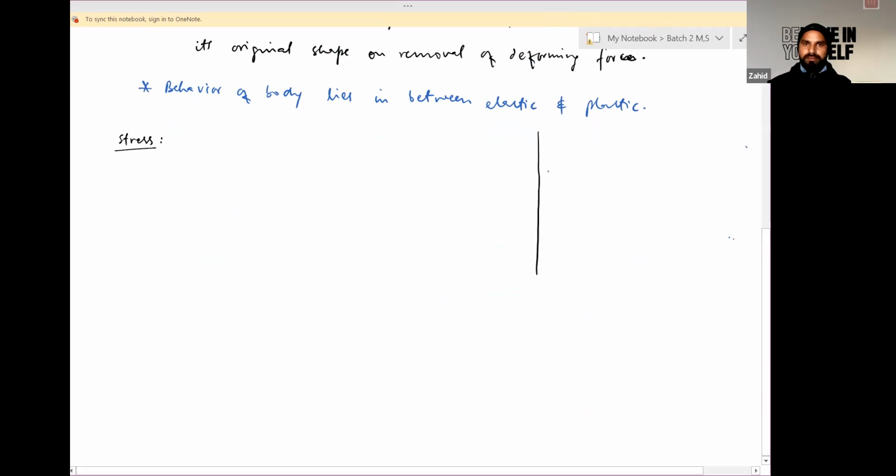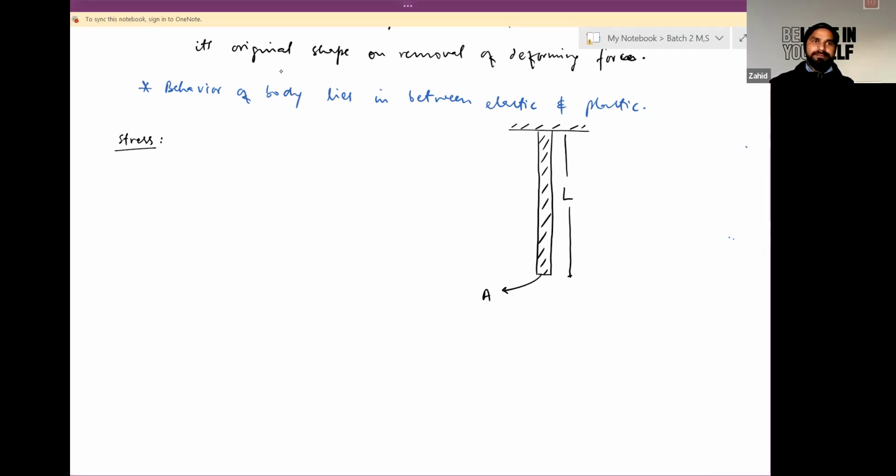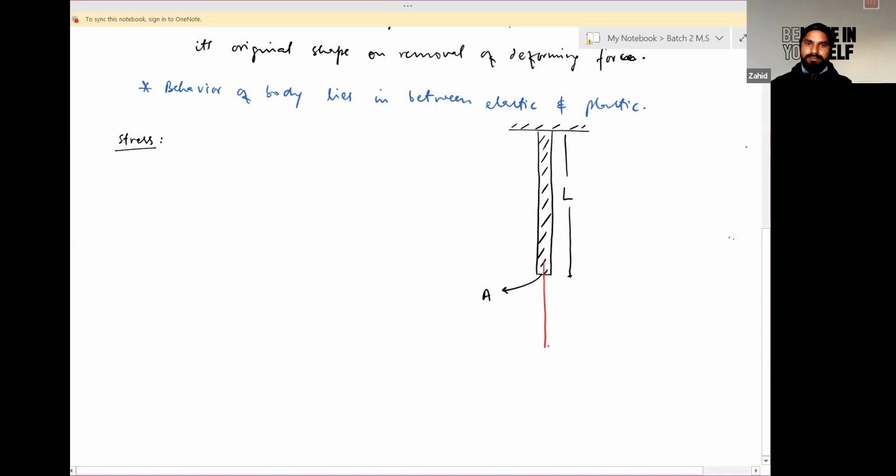Suppose you have a body which is hanged from any support like this, having original length L and area of cross section A. Now, if a deforming force is applied along this direction, due to which this rod may get slightly stretched to this point, this deformation is called delta L.